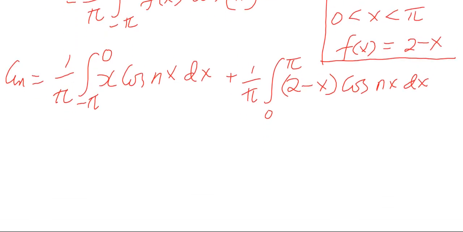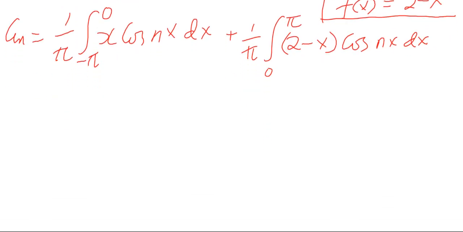So we now need to carry out these two integrals. And to carry out these integrals, we use the method that we call tabular integration. With tabular integration, remember, we require that one of the functions be polynomial.